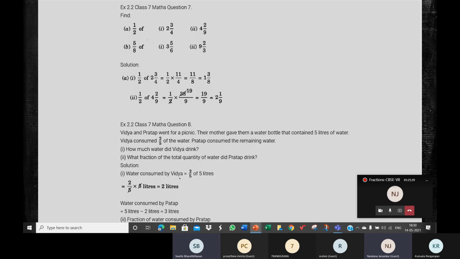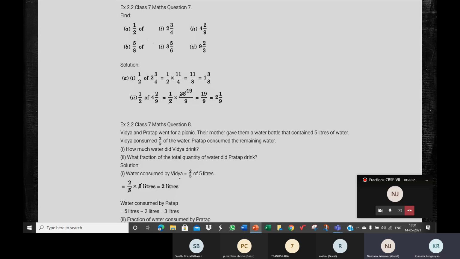We have to multiply. I want the explanation. Ma'am, 5 into 23 and 8 into 6. Very good. We have to multiply the numerators and multiply the denominators. So what is the product of the numerators? Ma'am, 115. 115 by? Ma'am, by 48. What's the mixed fraction? Ma'am, 2 19/48. Very good.